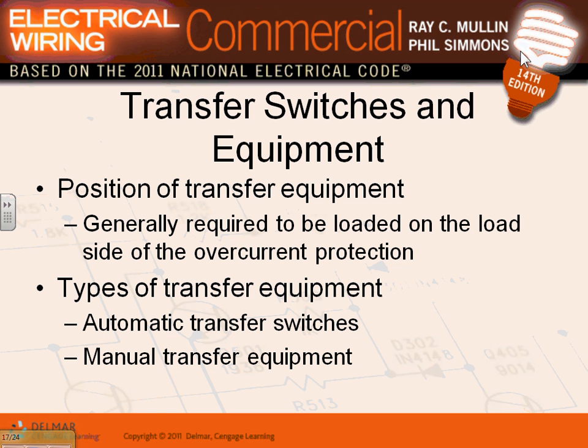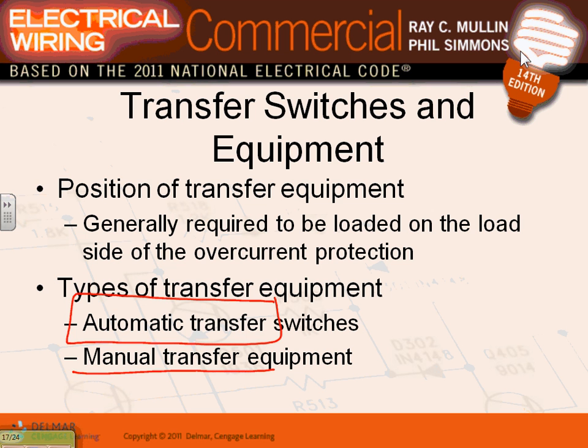Okay, with emergency systems, we always, guys, have transfer switches. Position of the transfer switch, side of the overcurrent protection device, type of transfer switch. With an emergency system or legally required standby system, I would say 70% of the time, you're going to have some type of an auto transfer switch. So this transfer switch can be auto or can be manual.